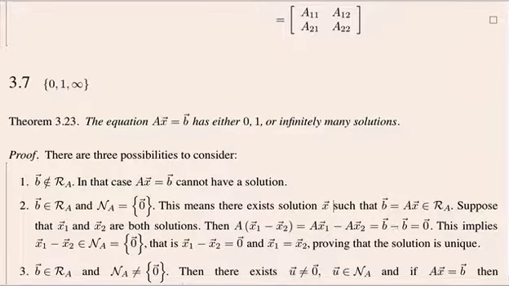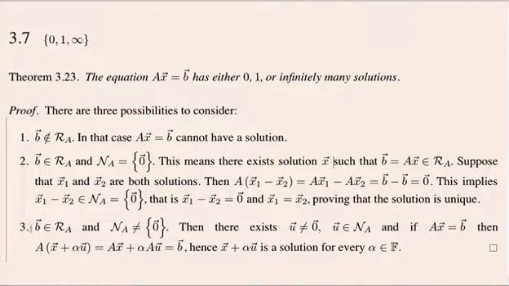And both of these are B's, so B minus B is equal to 0 vector. This implies that x1 minus x2 is in the null space of A, but that equals 0, so that means x1 minus x2 equals 0, and from here we get that x1 is equal to x2, proving that the solution is unique.